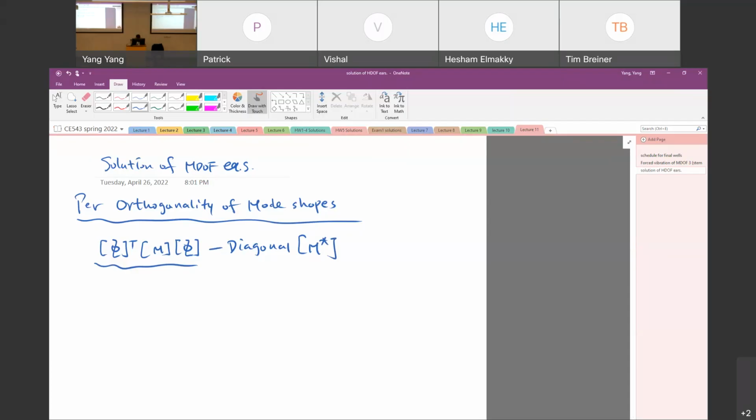Why? Because we know that for r not equal to n, for two different modes, the modal shape of r times the mass matrix times the modal shape of n will be equal to 0, so that we will have only diagonal elements for the new matrix here.